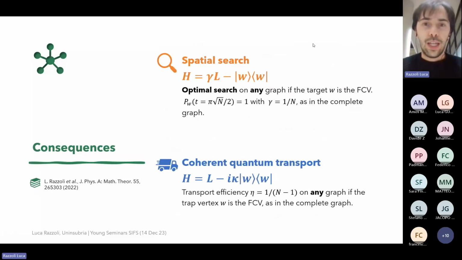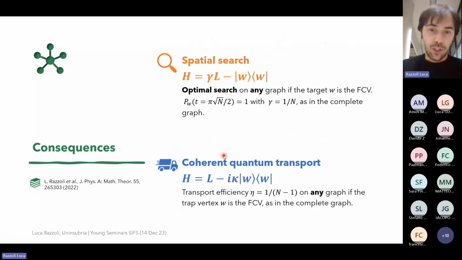As an example, the spatial search of a vertex is optimal on any graph when the solution node is the fully connected vertex. So this means that we are able to reach the solution node with certainty in finite time, just like in the complete graph.